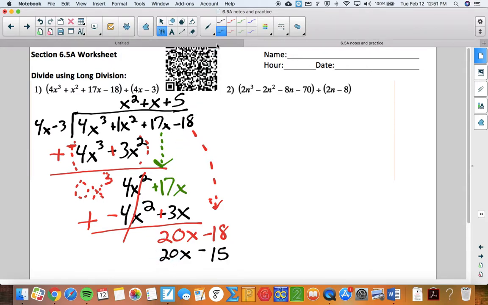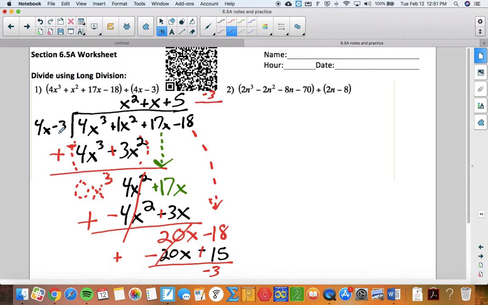Making sure you're paying attention. And then we make these opposite. That goes to a negative, that goes to a positive. So now I'm adding the terms together. This becomes 0. This becomes negative 3. This is my remainder because I have no more terms to bring down. So I have a negative 3.